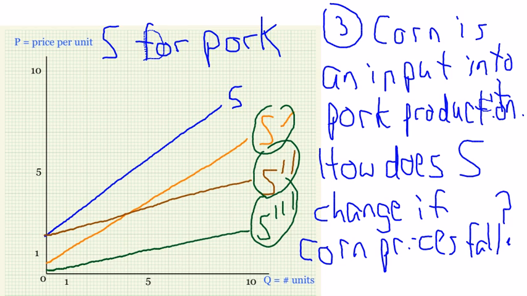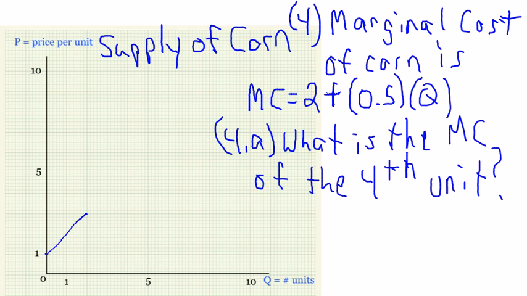For a fourth question, we're looking at the supply of corn. I'm telling you here that the marginal cost curve for corn equals 2 plus 1/2 times Q. That means if we plot this, it'll go something like this. That's the marginal cost curve. And number 4 has two parts.